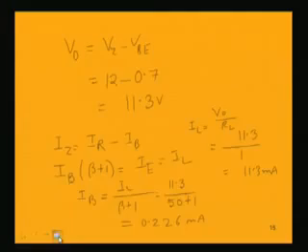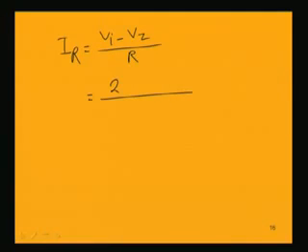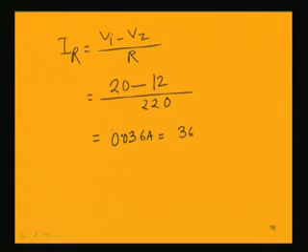So 20 volt minus the Zener diode voltage, which is 12 volt, divided by R. R is 220 ohm. So this will be coming in ampere. You calculate this, it should come to be 0.036 ampere, which is equal to 36 milliampere.